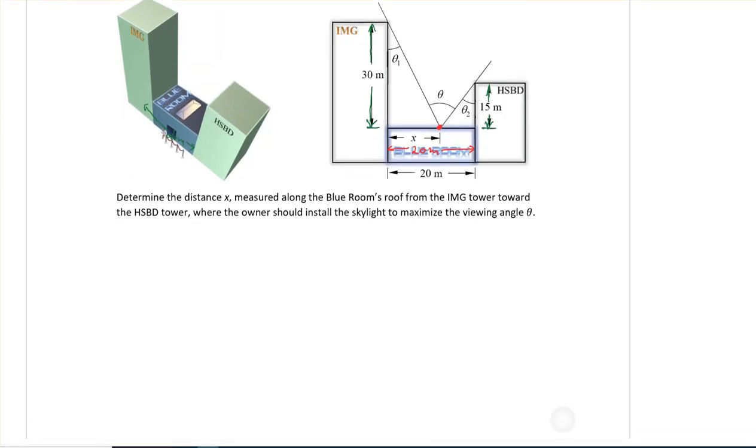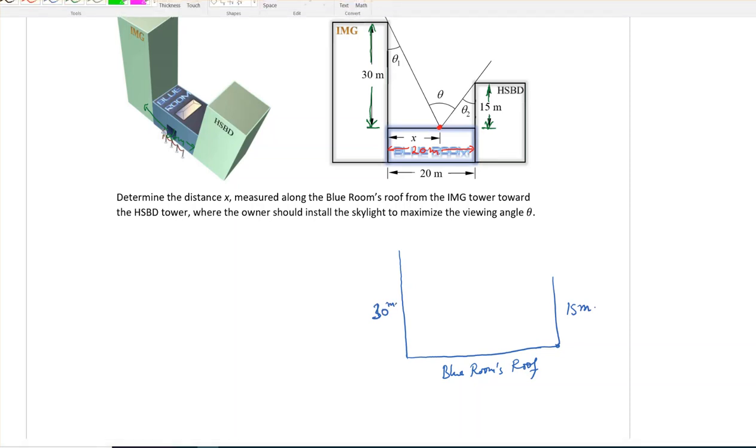So we have two towers and this is the blue room's roof, and then one tower is 15 meters above the roof and another tower is 30 meters above the roof. And we are given that the total length that the blue room's roof extends is 20 meters.